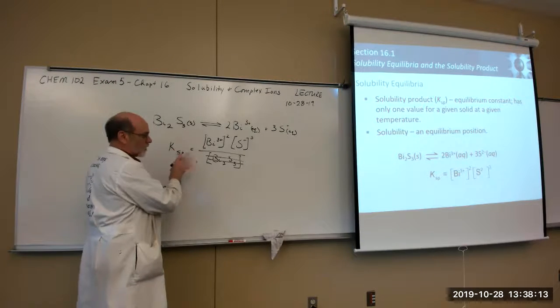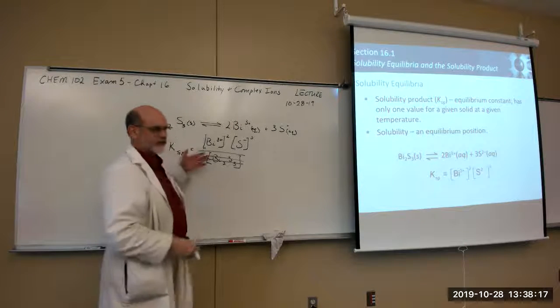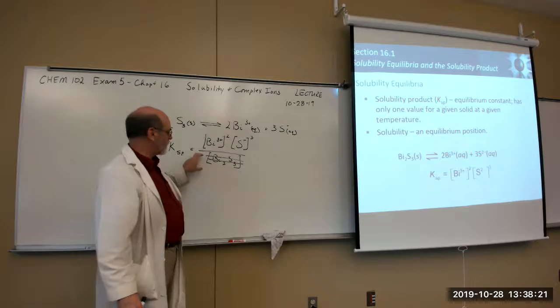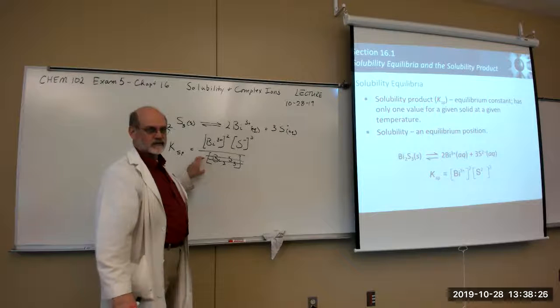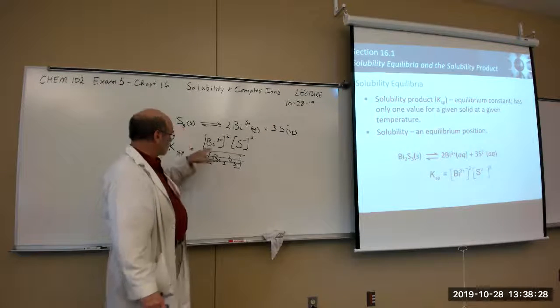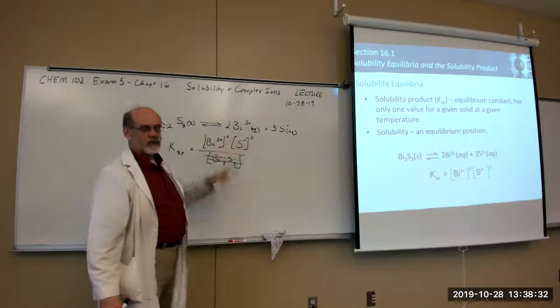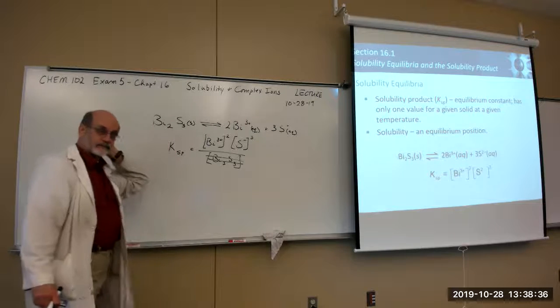So that's why we call them the solubility product, because the only thing left in any type of solubility expression is the numerator. The denominator isn't there anymore because it's always a solid. And this value to its power times this value to this power, that's a product. So that's why we call it the solubility product.